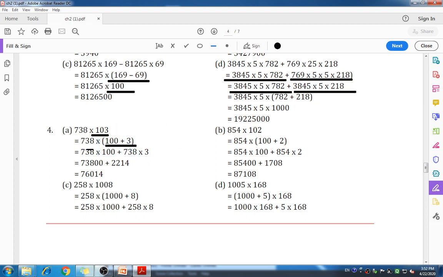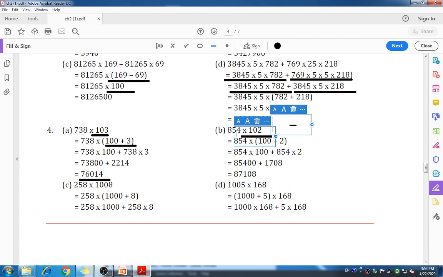Okay, and now by using the distributive property, we are going to write 738 into 100 plus 738 into 3. That means this 738 will be multiplied with both numbers present in the bracket. So by the multiplying process we get the final answer, that is 76,014.